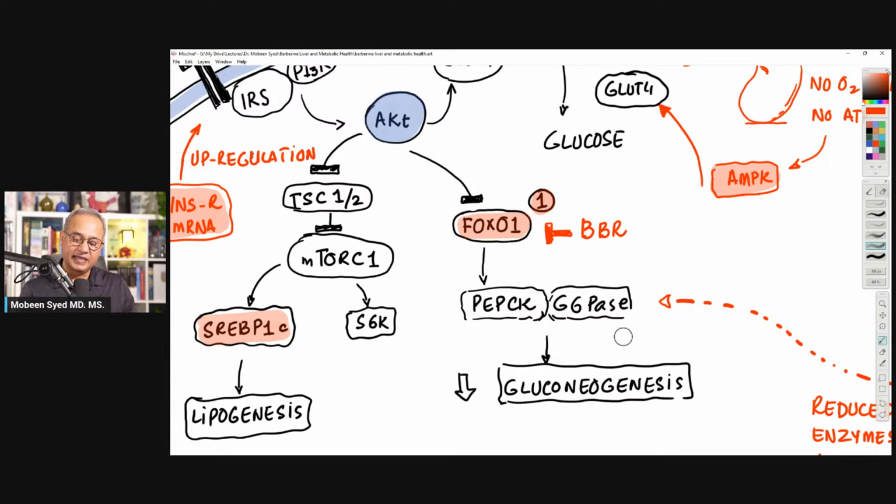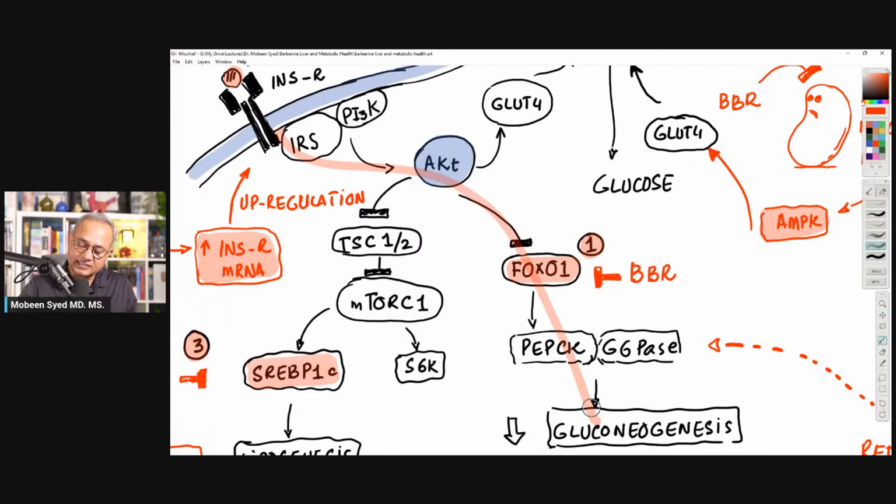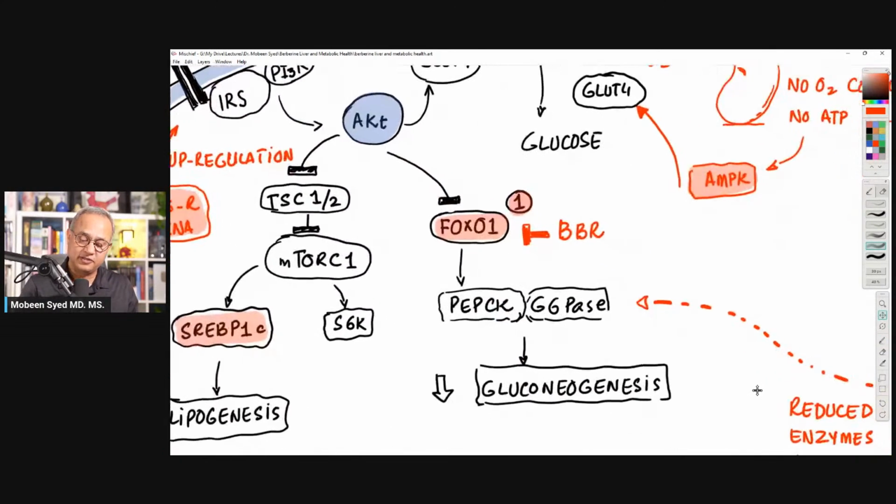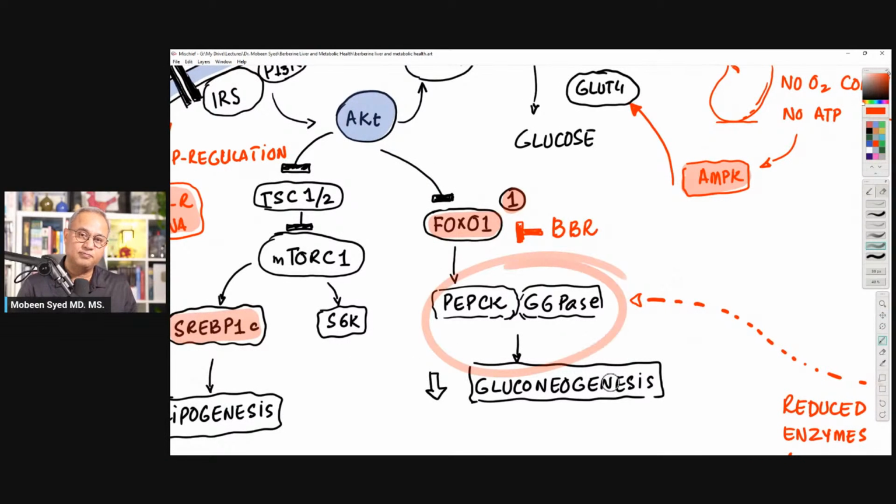Berberine does not actually activate this pathway, but independent of that, it can reduce the production of PepCK and G6Pase, and reduce gluconeogenesis. What a wonderful gift it gives to the liver, because not only is less glucose produced that would go into the body and cause hyperglycemia, but this glucose can also be converted into fatty acids and accumulate in the liver.